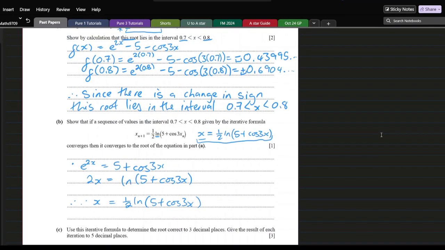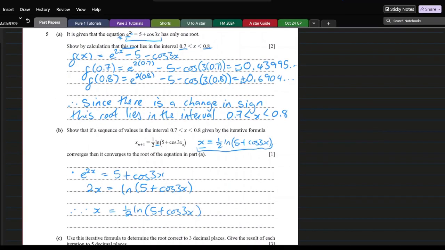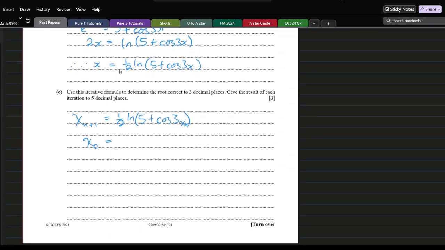We can use, let's see, let's use 0.7. Yeah, we can use that as our initial value. So it means x1 is equal to half ln(5 + cos 3 times our x0, which is 0.7). Let's punch that into the calculator. 1 over 2 ln(5 + cos 3 times 0.7).